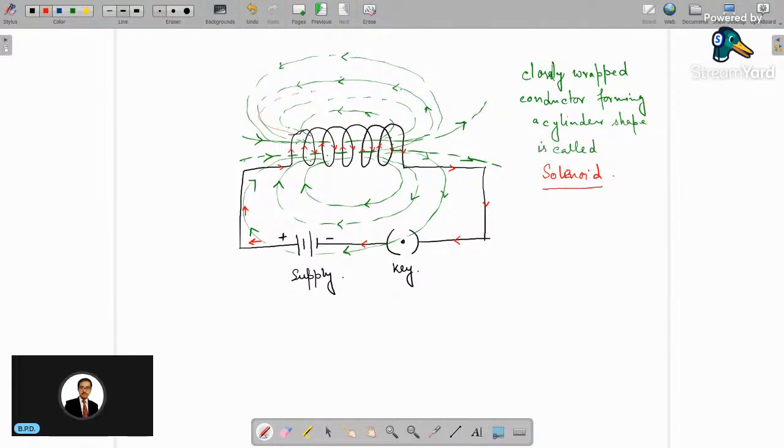For a better result, what we do, the solenoid is basically wrapped in such a manner. Here, if we put a magnetic material in this particular place, mind it, a magnetic material that has some magnetic property but is not a magnet, then that magnetic material will come up with a south pole in this direction and a north pole in this direction.